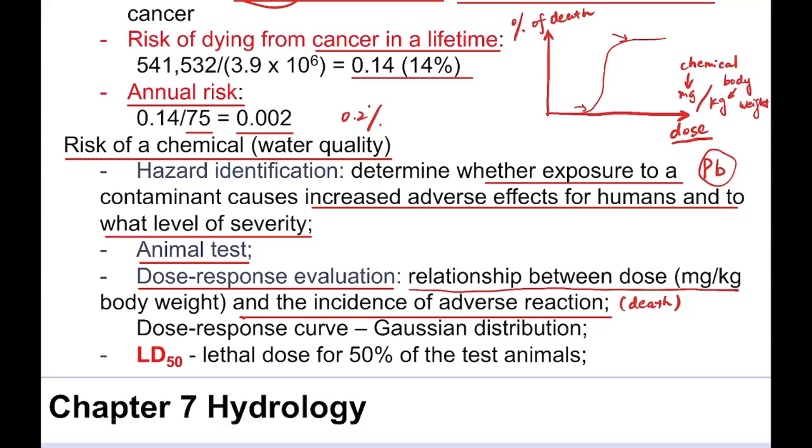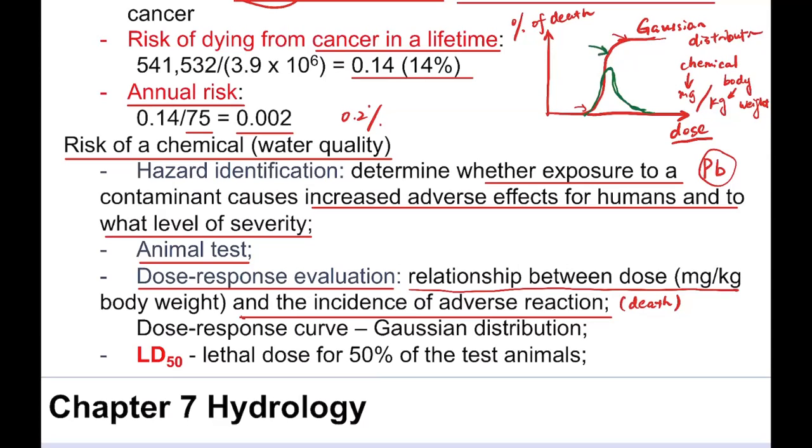So we're going to see a curve that looks like this. Generally, this curve follows the Gaussian distribution. You may have the question, normally the Gaussian distribution looks like this, right? This curve here is basically the integral of the Gaussian distribution.